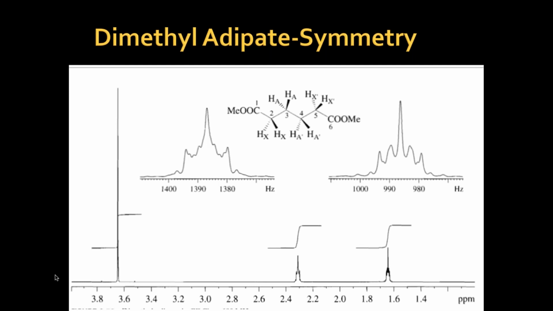All those are shown as one set of peaks. All those sets of peaks are because of the symmetrical molecule. Now, how you can say that will be covered in the next session.